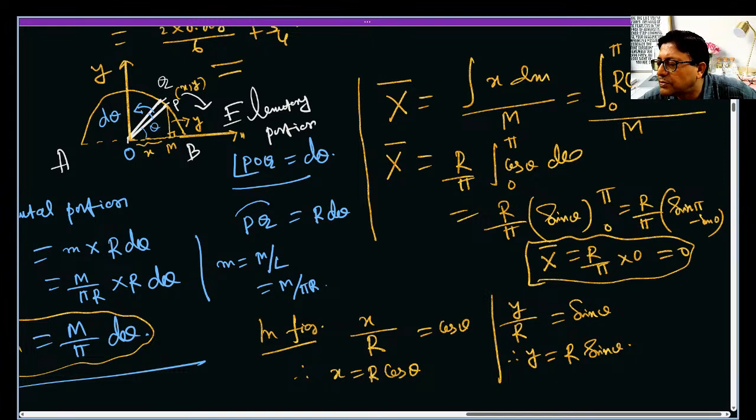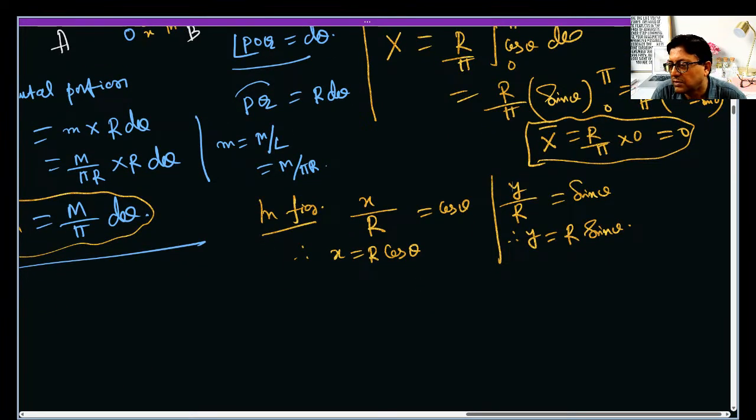It is not 0. It will be 2 by pi. Check once. 2 by pi?